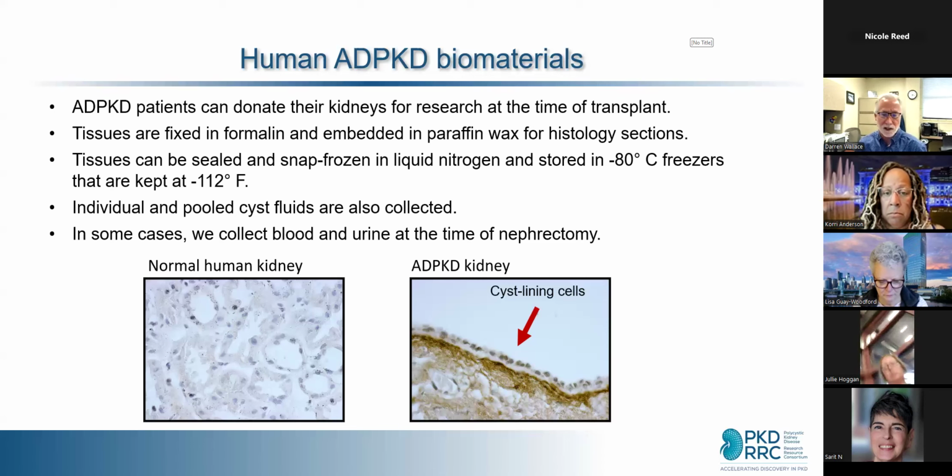A lot of times investigators want to see if proteins may be released from the cells and accumulate within the cyst fluid. And in some cases, we collect blood and urine at the time of nephrectomy, particularly if it's here at the Kansas University Hospital. And this provides a really robust set of biomaterials for investigators.